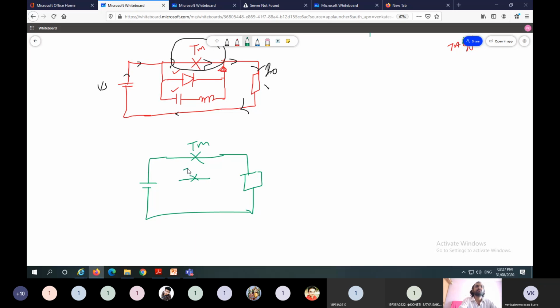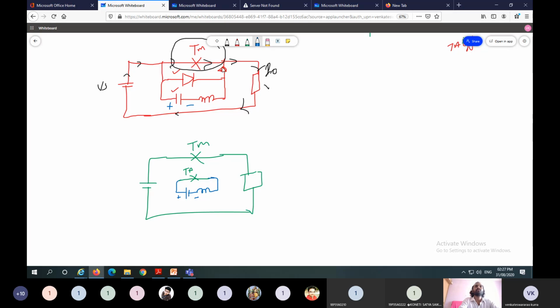This one is TA. Once TA is triggered, these are the polarities while charging capacitor. This one is plus, this one is minus. Here is the inductor.